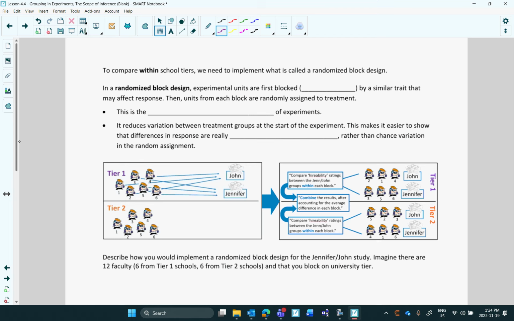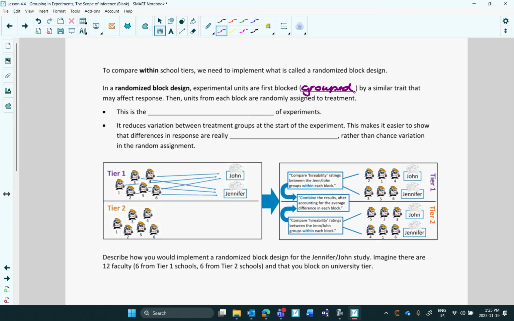If we want to break it down by school tiers, not just faculty members, we would do a randomized block design. Experimental units are first blocked or grouped by some similar trait.